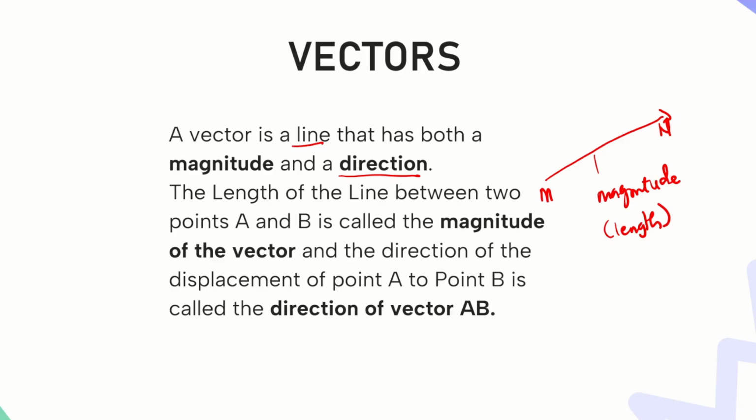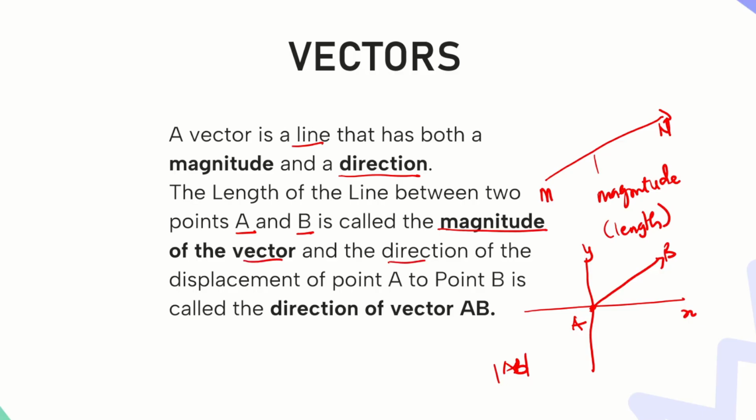We can look at the length of the line between two points A and B. For instance, if I have my Cartesian plane with this point A and that point B, with x and y axes, the length from A to B would represent the magnitude of the vector. The direction, which is how it has moved, whether north, south, east, or west, will represent the direction.